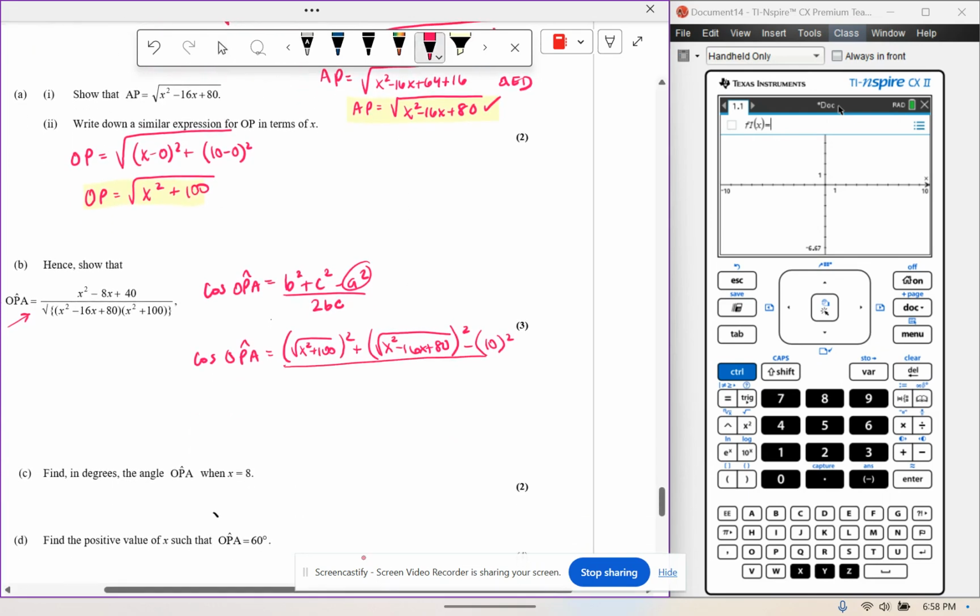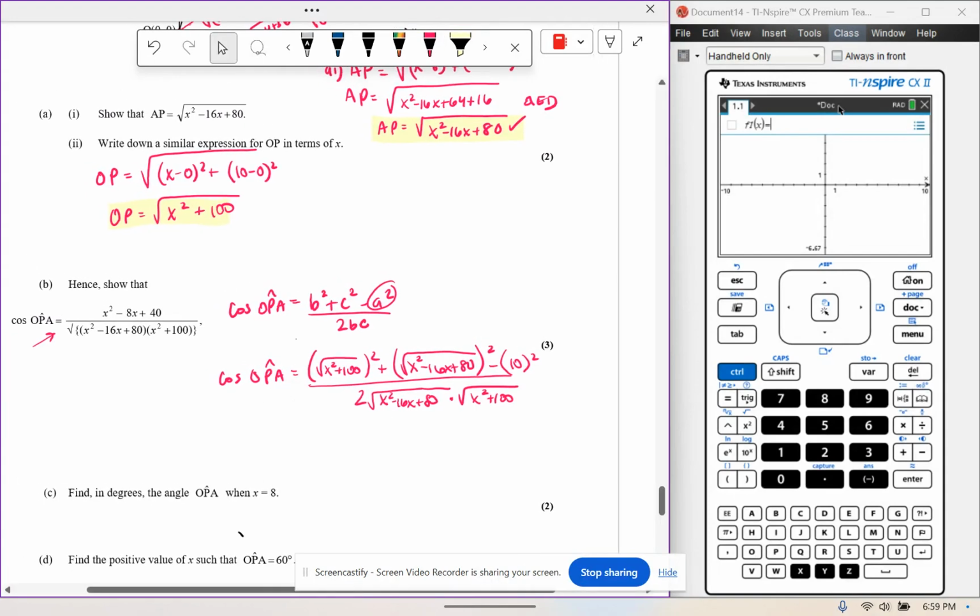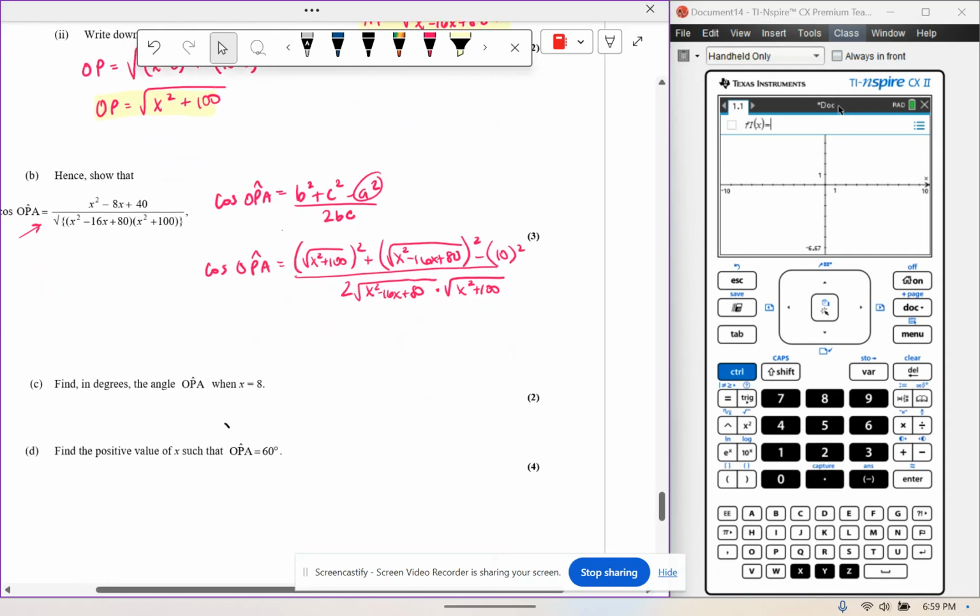This is all going to be over 2 times b, which is the square root of x squared minus 16x plus 80, times the square root of x squared plus 100. Okay, cool. Is that what I ended up getting? Or what did they end up getting? Yeah, this whole thing is under the square root.